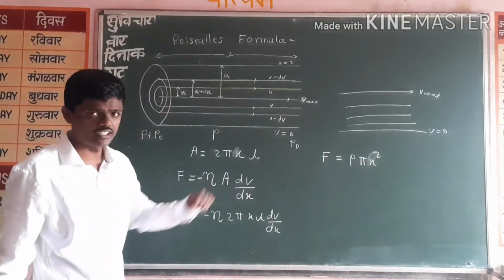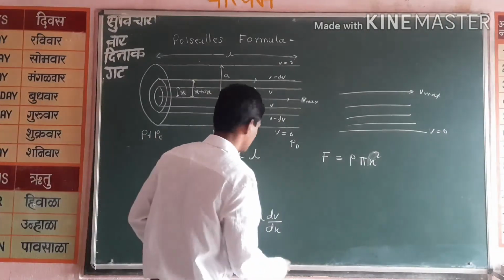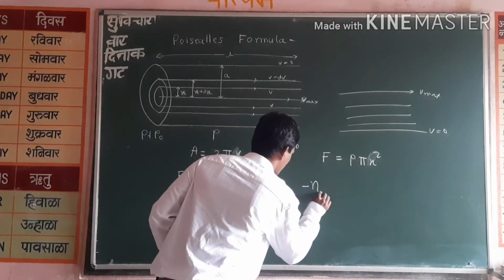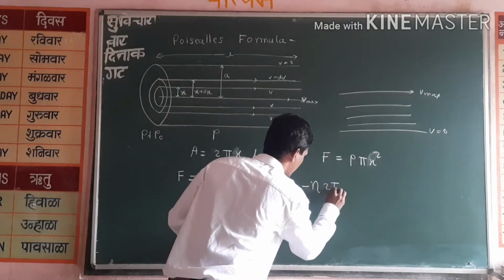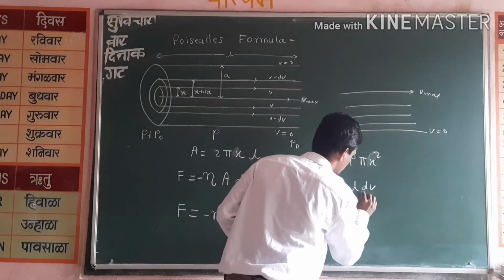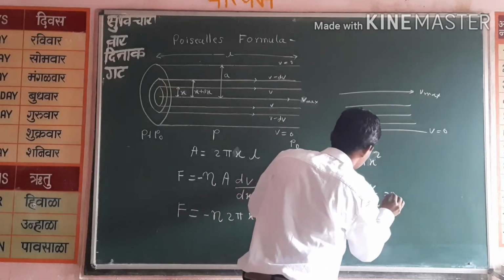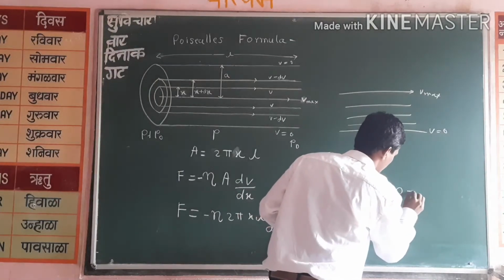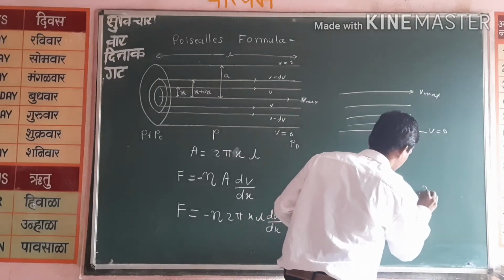Now equating these two equations, we get minus eta 2 pi x L dv by dx equals this force, P pi x square.